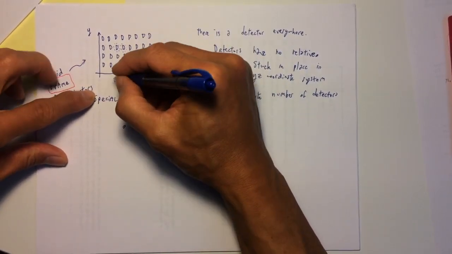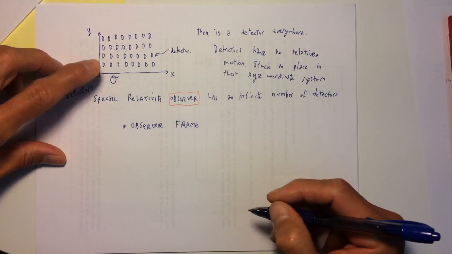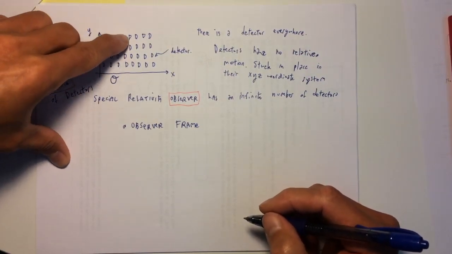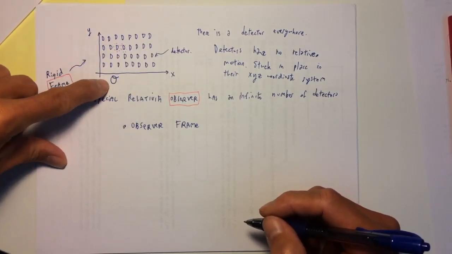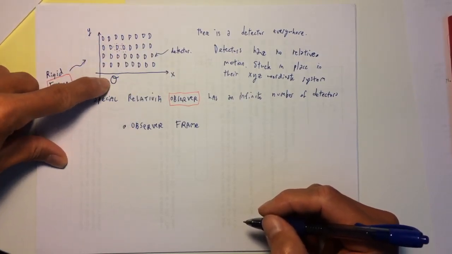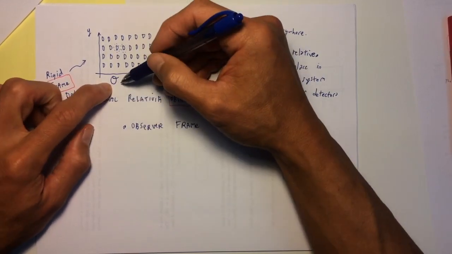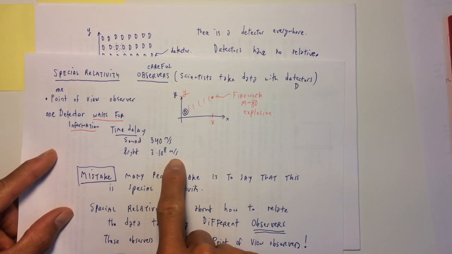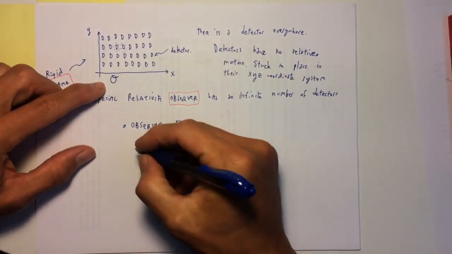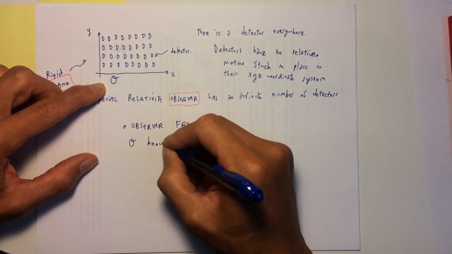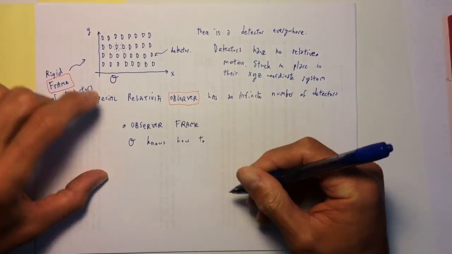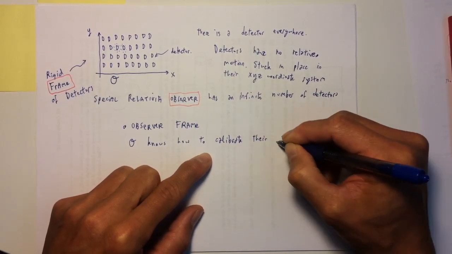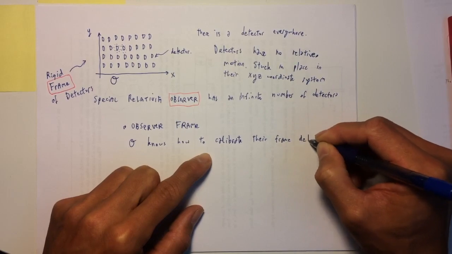So this observer could be called O, that's the observer's name. All of these detectors in this coordinate system belong to the scientist O, and O is really smart, and O knows that the speed of light is this. So O knows how to calibrate their frame detectors.